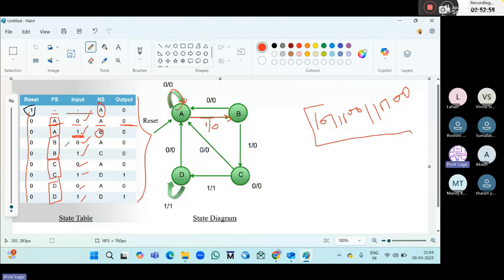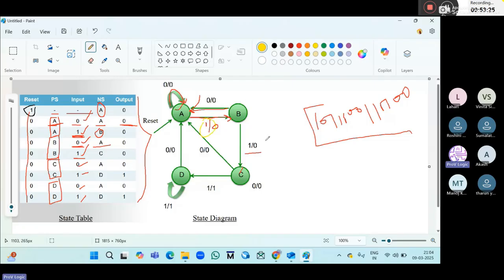Next, for B, if input is 0, then what is the next state? Next state is A, so this is A with 0 by 0. For B, if input is 1, then what is the next state? C.